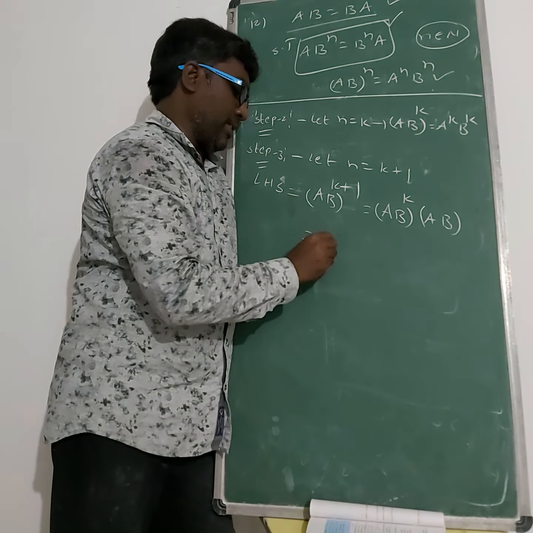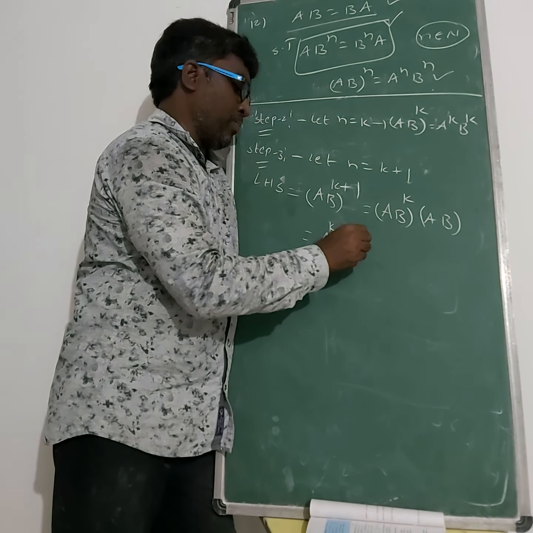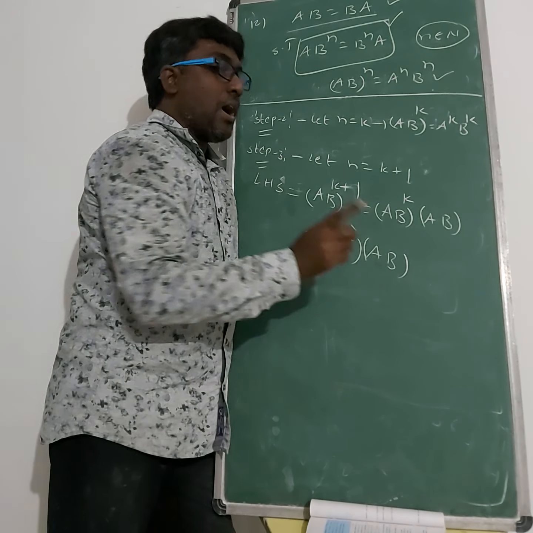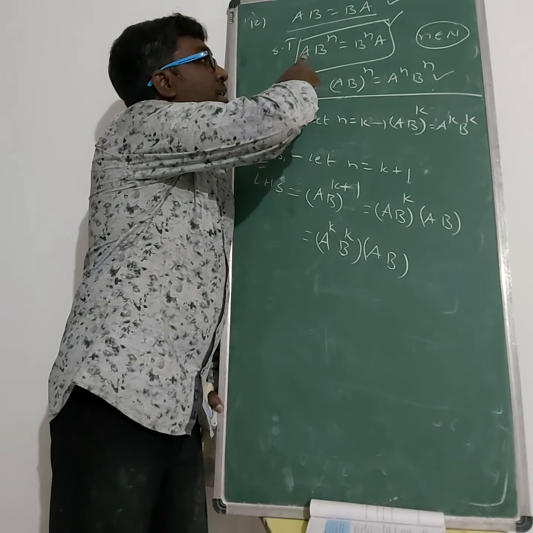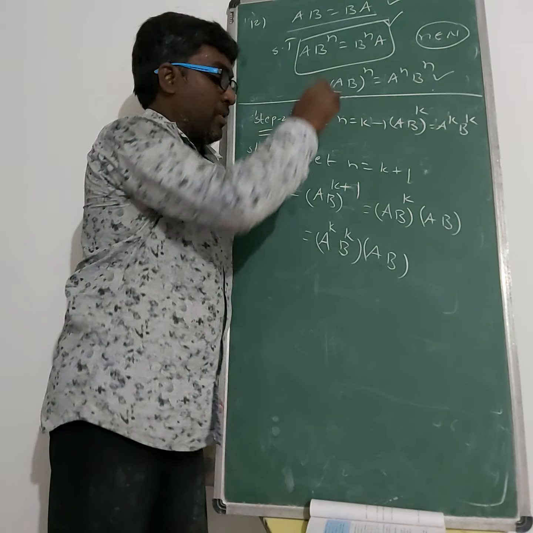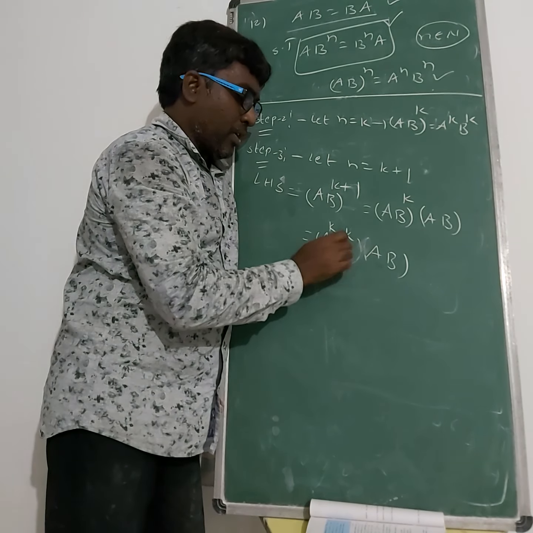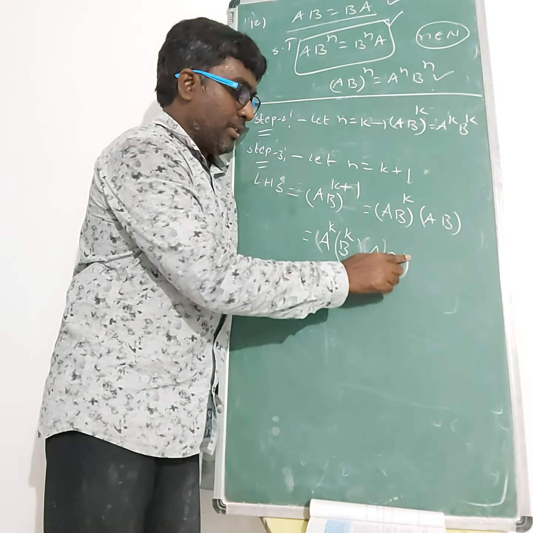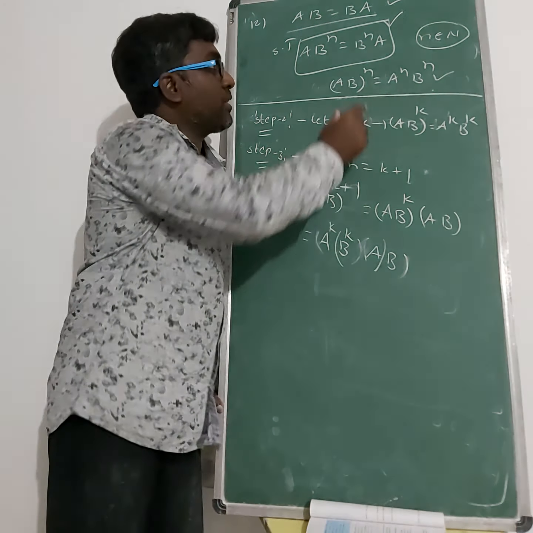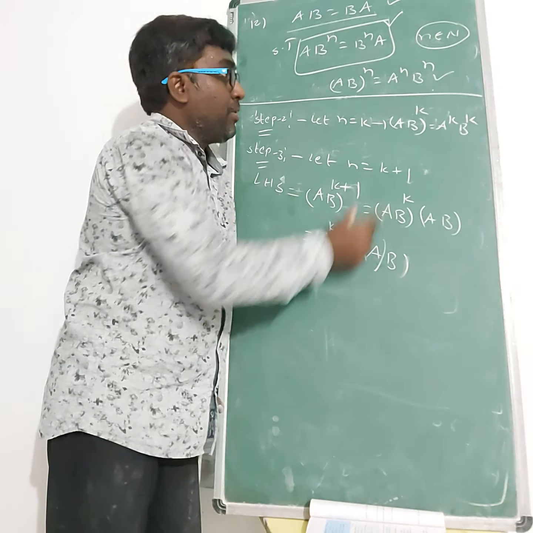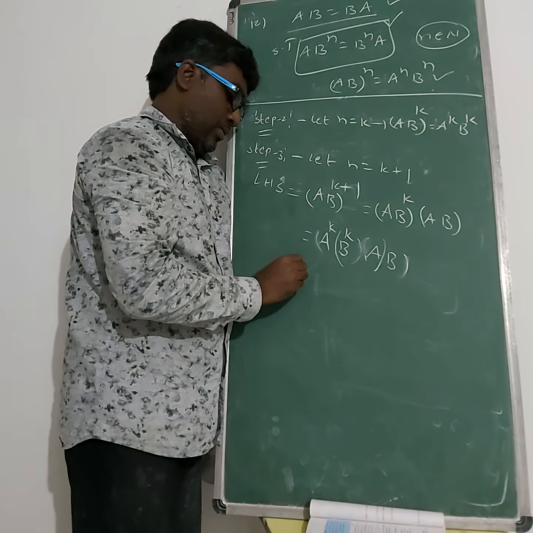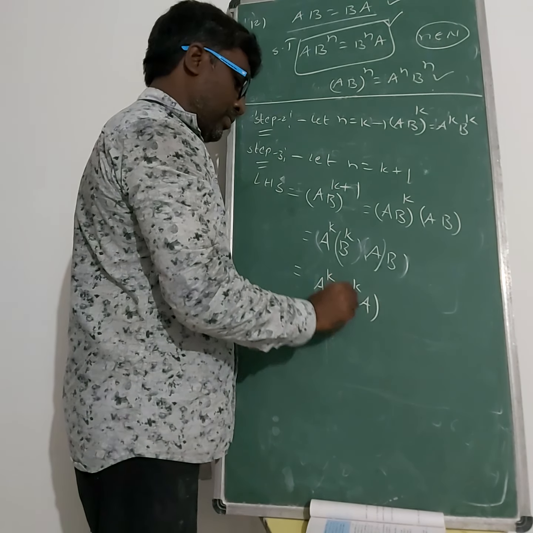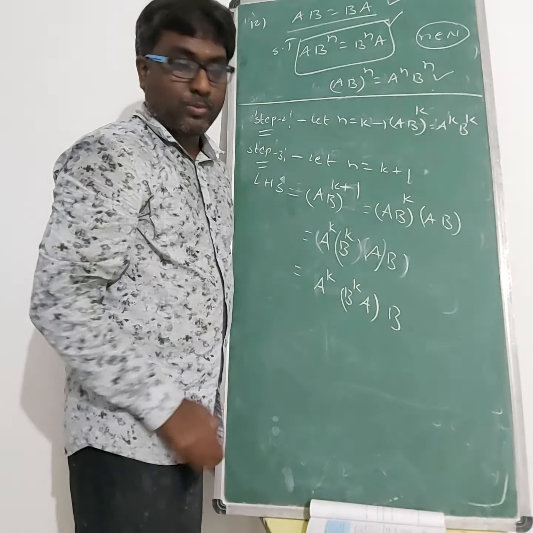So this I am writing a power k into b power k into AB. Already previously, a b power n is b power n a. If you are observing b power k into a, so this becomes a power k into b power k into b. I just wrote the same step.